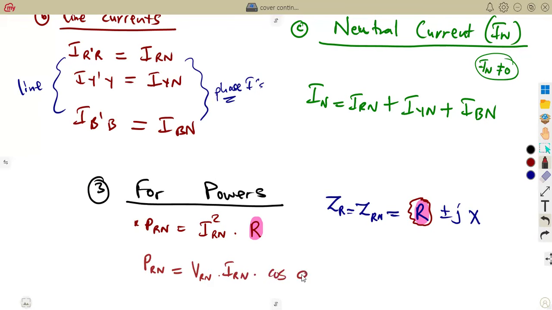So let's just use phi 1. Or you can use this as phi RN like that to show that it's for the red phase, or you can just use 1.